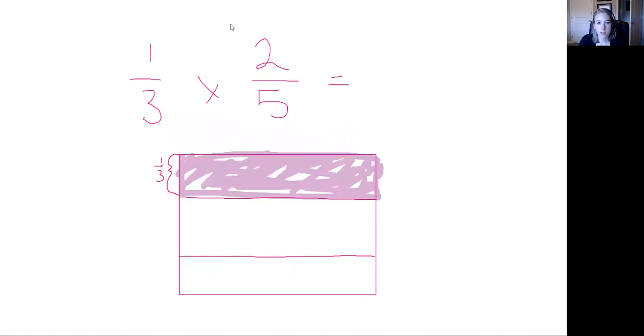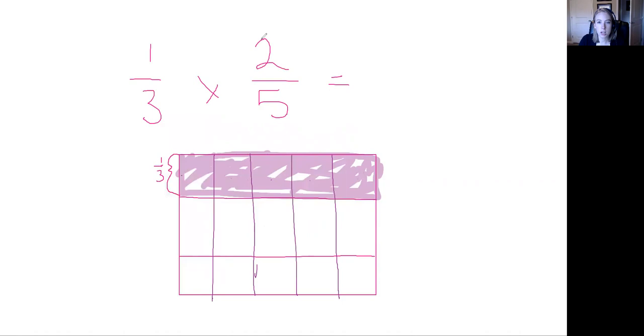And now I have to move on to my fifths. So I need to split this into fifths, and so I'm going to make 4 lines. 1, 2, 3, 4, trying to make them as even as possible. So can you see where my fifths are? This 1, 2, 3, 4, 5 fifths right here.